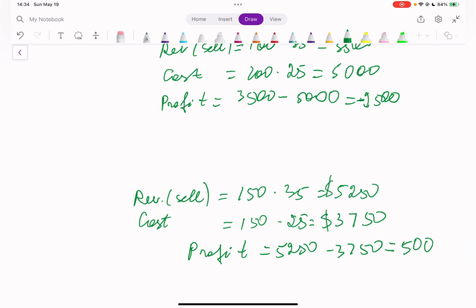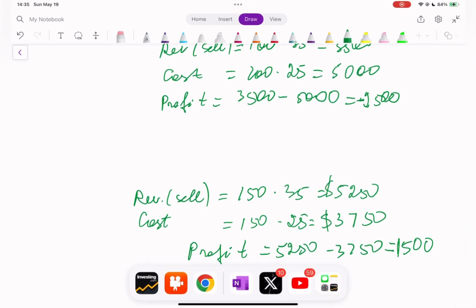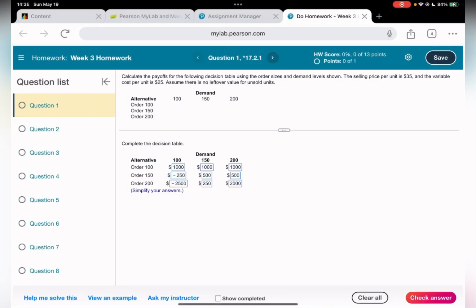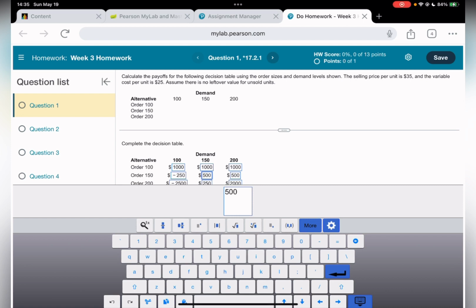So 5,250 minus 3,750. One more time. 5,250 minus 3,750 is 1,500. Okay, I messed up here. 1,500. So here it's going to be 1,500.